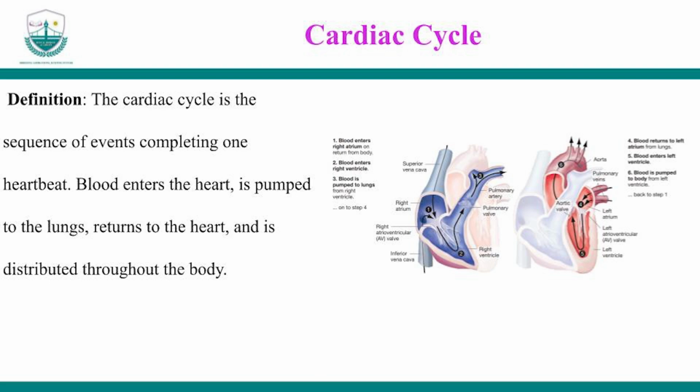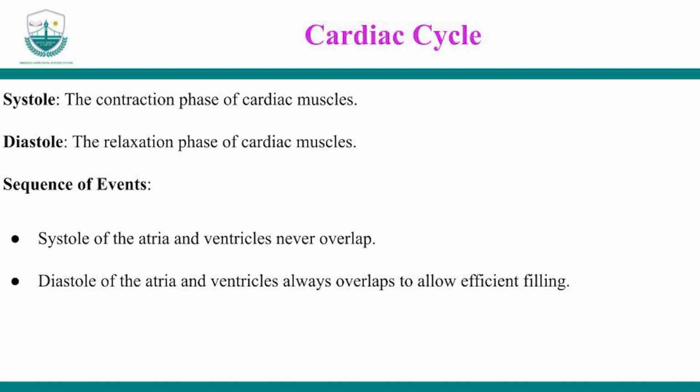Okay, so let's go deeper into it. We basically talk about two phases. The first phase is systole. Systole basically refers to the contraction, and then the other phase is diastole.